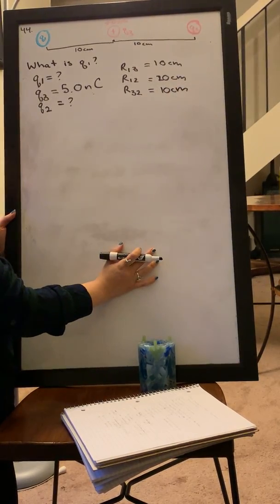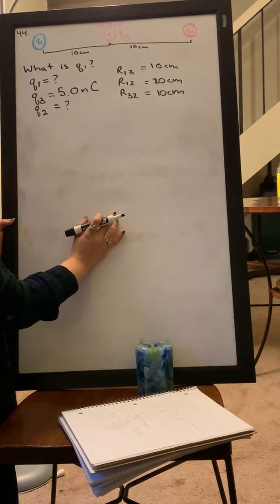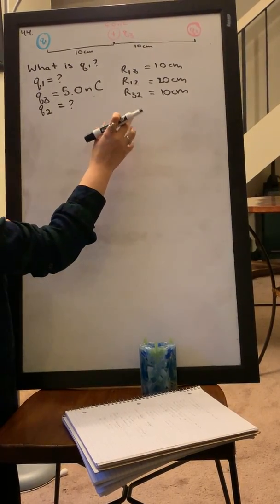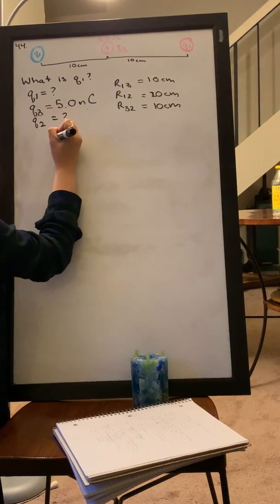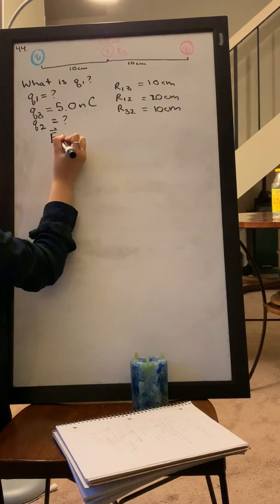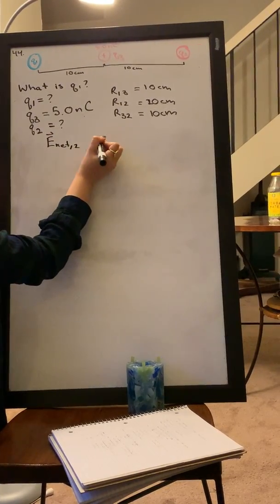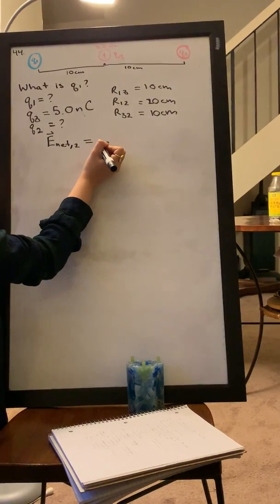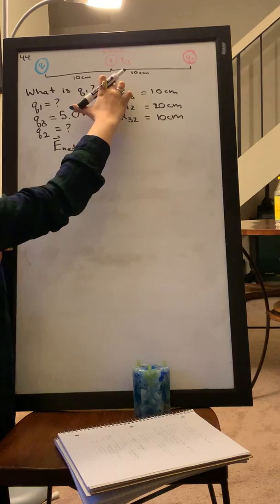Since we're told that Q2 is in static equilibrium, we know that the E net at Q2 will equal 0. And so from there, we know that E net at 2 is equal to the E field at Q1 plus Q3.